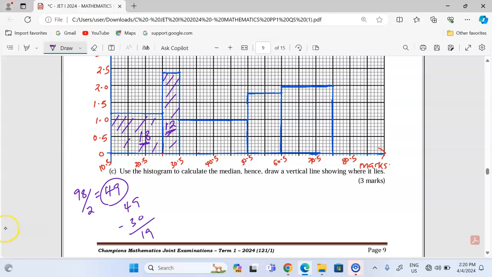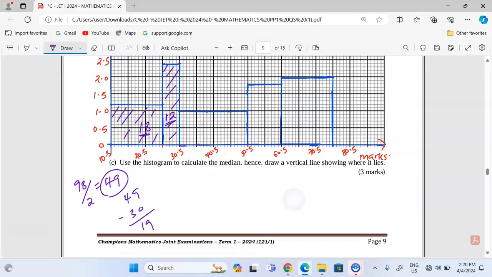With a height of 1, we need to multiply it with a width of 19, and that will enable us to get the 19 remaining students. So the area in this class which will give us 19 students is when we take the vertical height of 1 and multiply with 19 units here. Therefore, 19 units will take us up to this point.